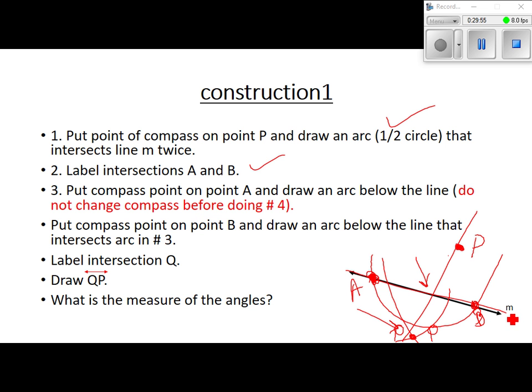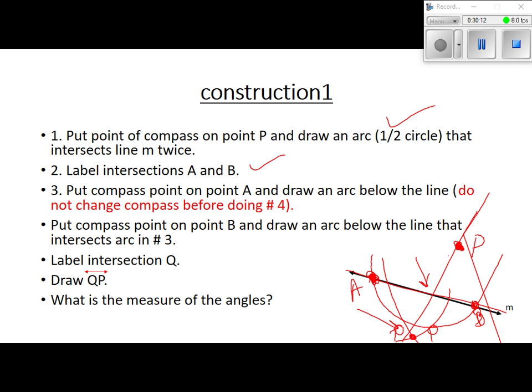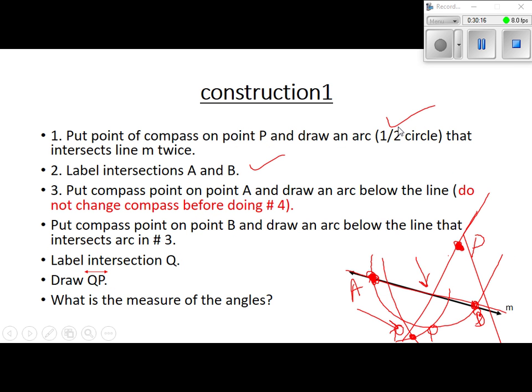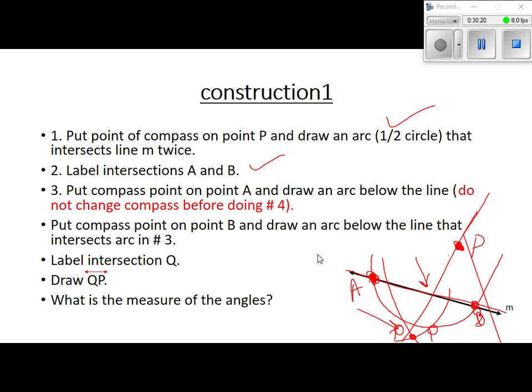Right angle. We had a line, we had a point here, and we drew a segment or a line that went through there that was perpendicular to our original line. All those should have been right angles.